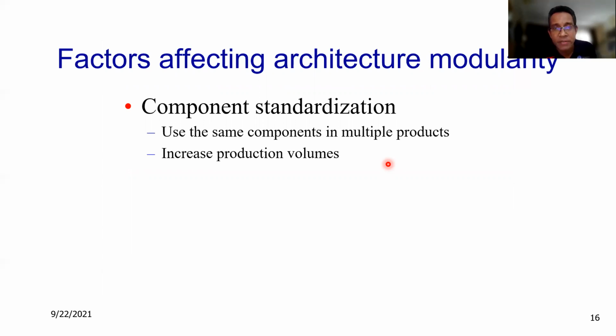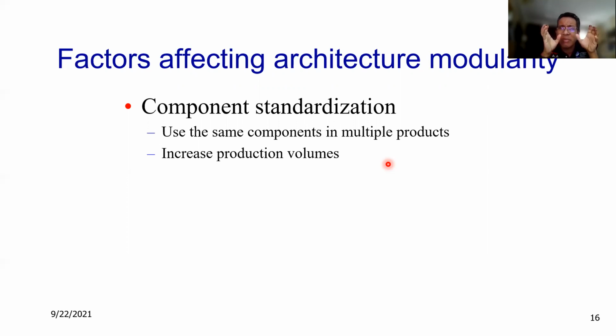Component standardization is the use of the same component or chunk in multiple products. Like just now I said gear, and they have screw. That is a standard part for the watch. And they use that one for another watch as well.